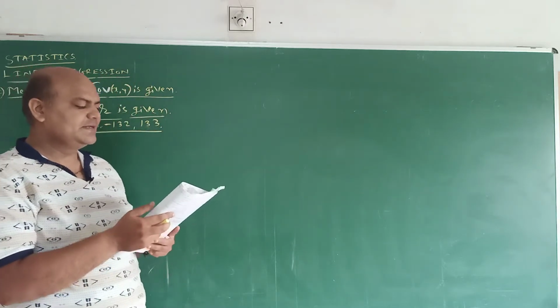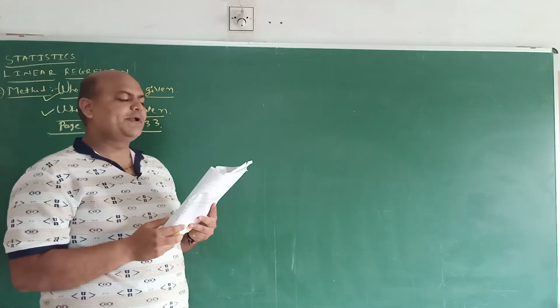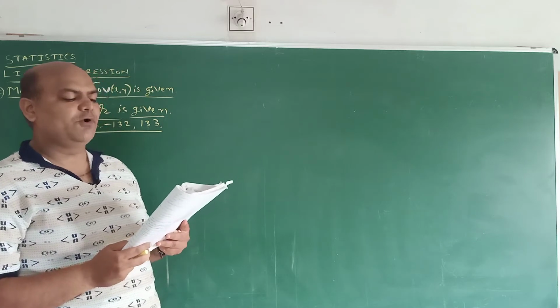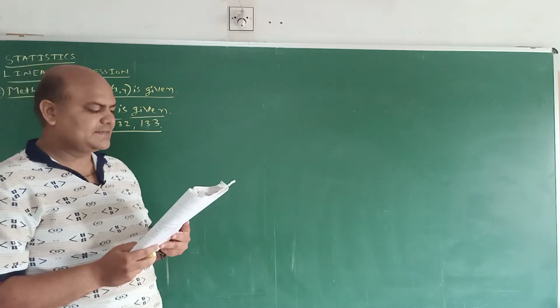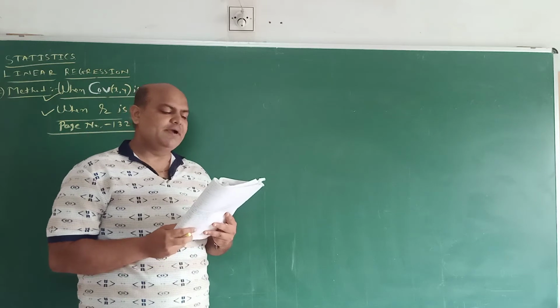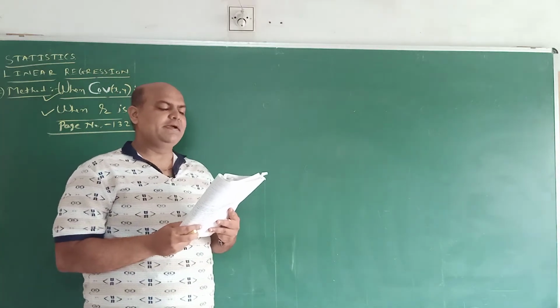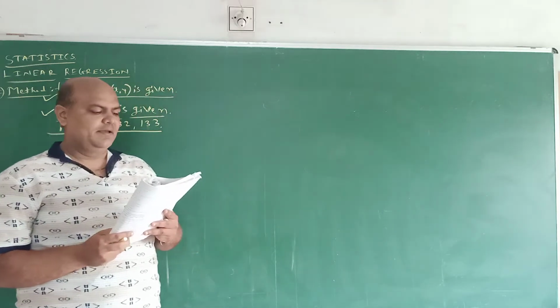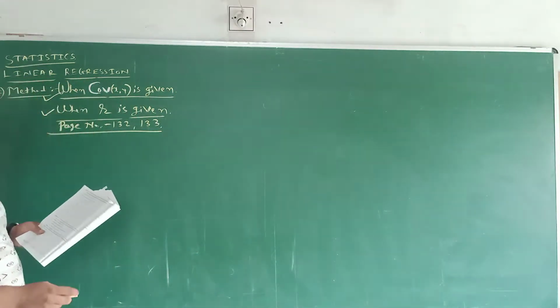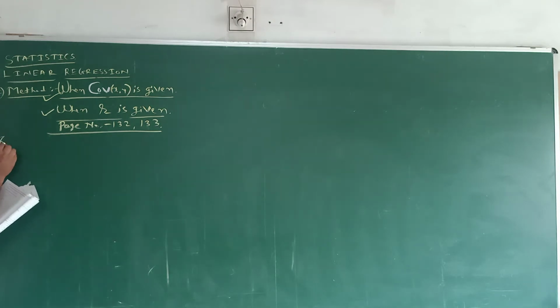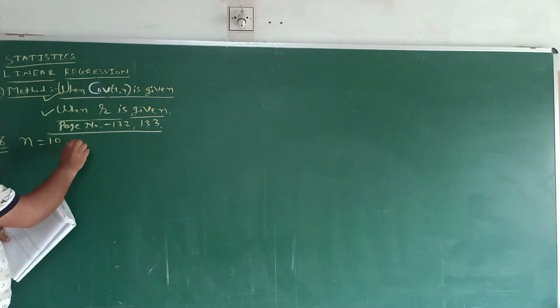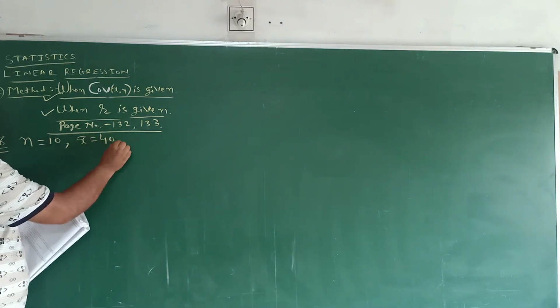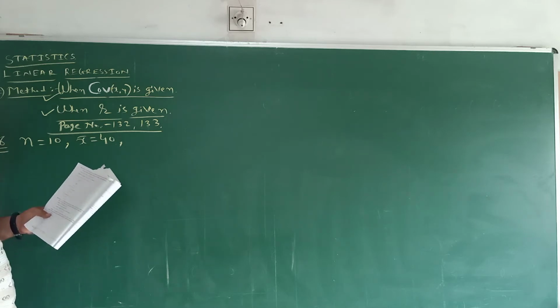The question is: the following measures are obtained to study the relation between rainfall in centimeter, that is X, and yield of bajri in quintal per hectare, that is Y, in 10 different regions during monsoon. N is equal to 10. One sum we take first. N is equal to 10. Then X bar is equal to 40.